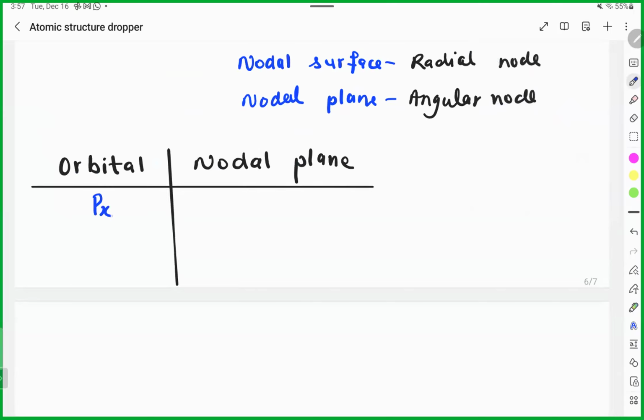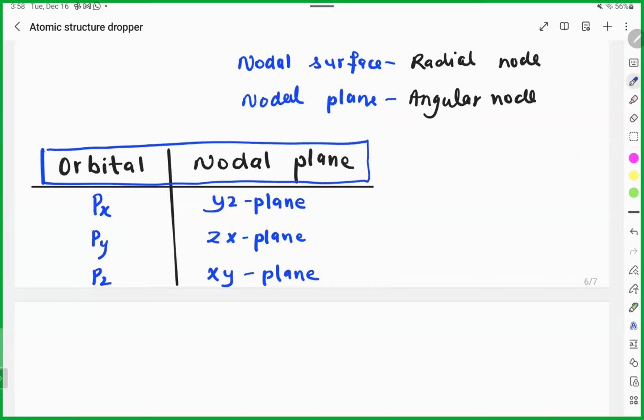You have three orbitals px, py, and pz. In px, in the yz plane, there is no electron. That's why you will have a node. When you take y, then the z and x plane will not have any electron. Correct? And in case of z, x and y will not have electrons. So these are the nodal planes. Make sense, guys?